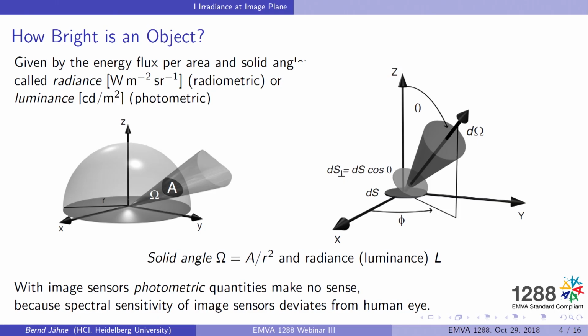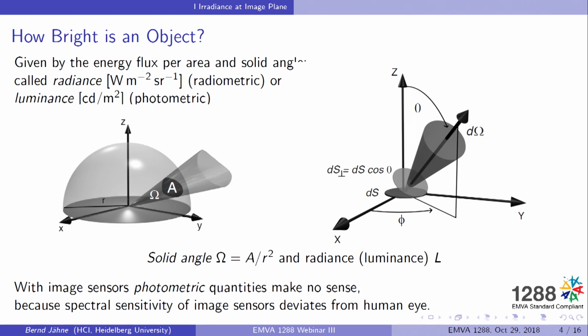And this is called the solid angle. So what we are interested in is how much radiation per area of our object we are observing and per solid angle is actually radiated by the object. That is basically what we need to know about the object brightness.